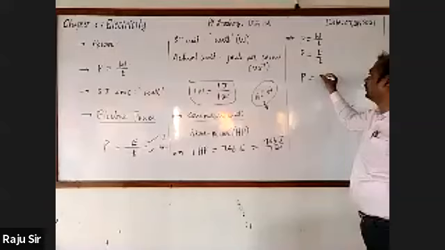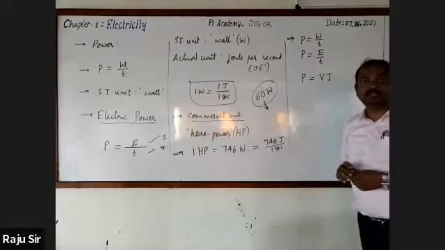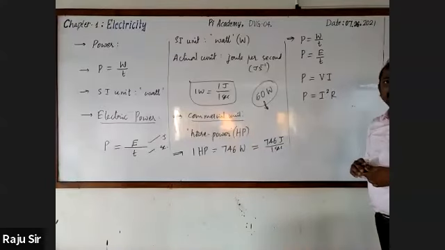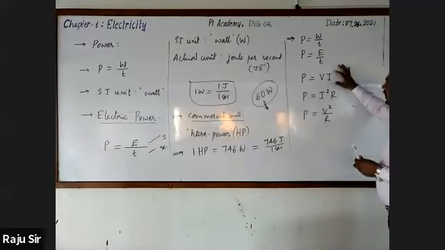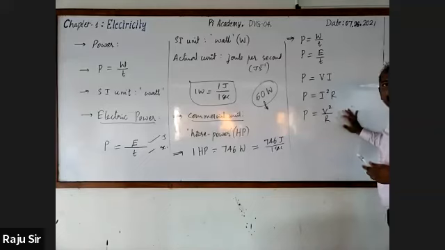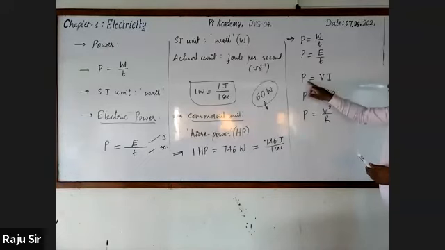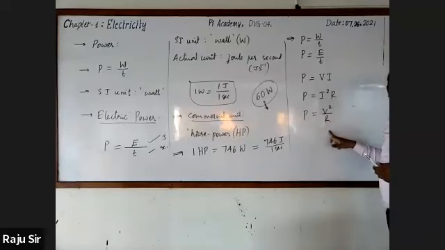That is, P is equal to V into I, P is equal to I square into R, P is equal to V square by R. These are the other formulas of electric power.